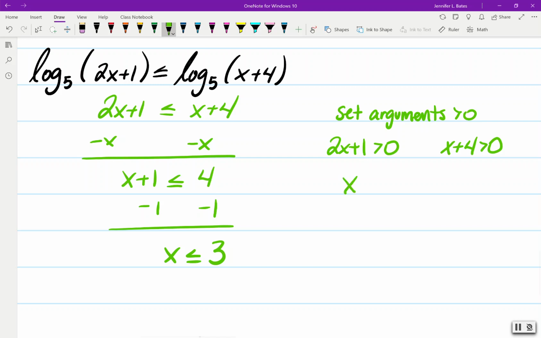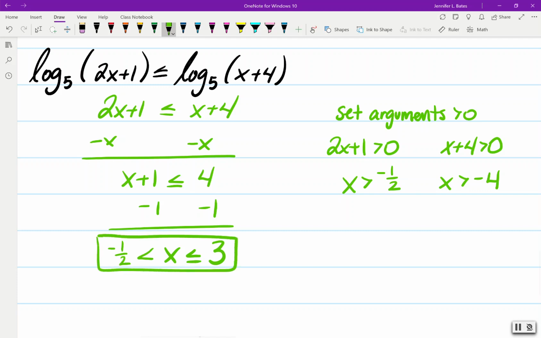When I solve them, I get x is greater than negative 1/2, and x is greater than negative 4. Which of these is the bigger number? Negative 1/2. So negative 1/2 is going to be what we tack on at the end, because any number bigger than negative 1/2 is also bigger than negative 4.